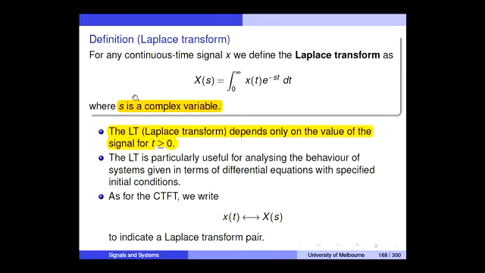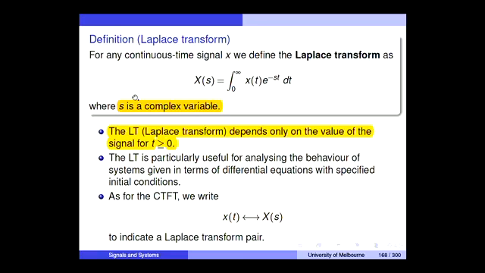So you can see here, normally people talk about the Laplace transform where we consider t from 0 to infinity. So this depends only on the value of the signal for t larger than or equal to 0. And this is very useful when you consider a differential equation with a specific initial condition.